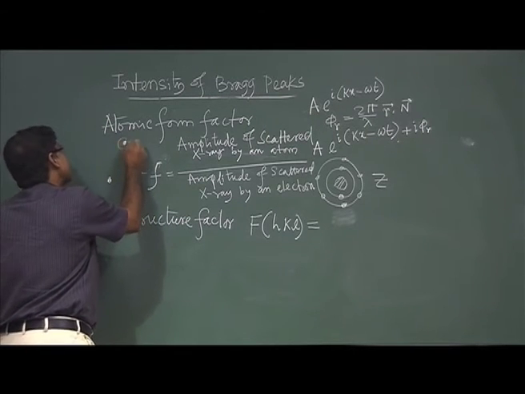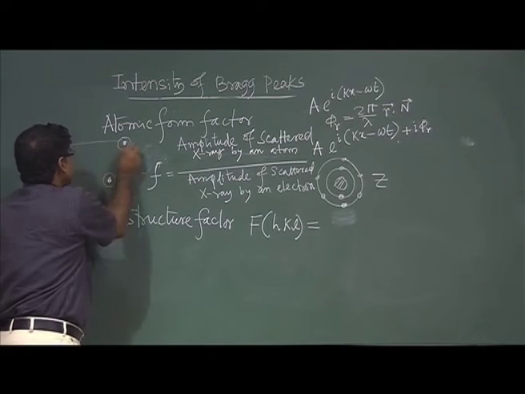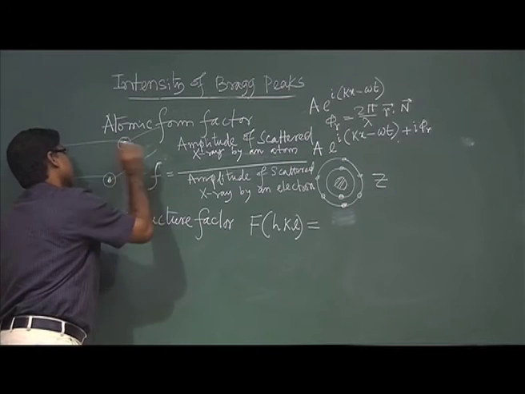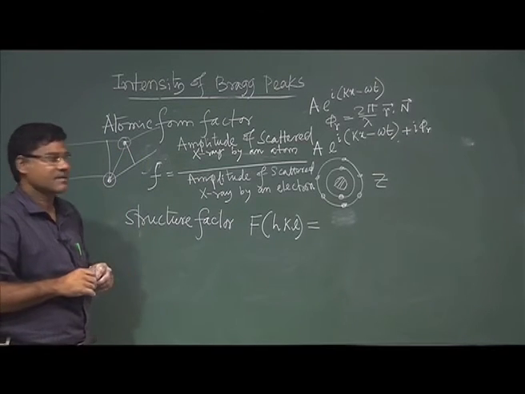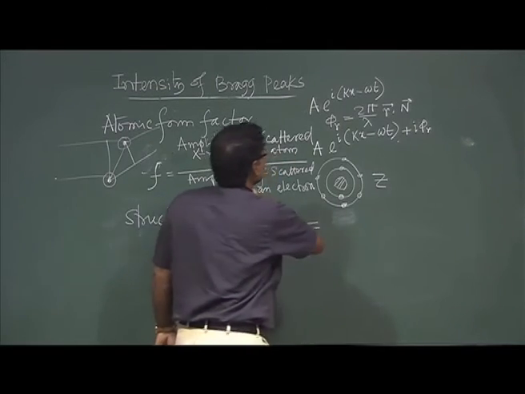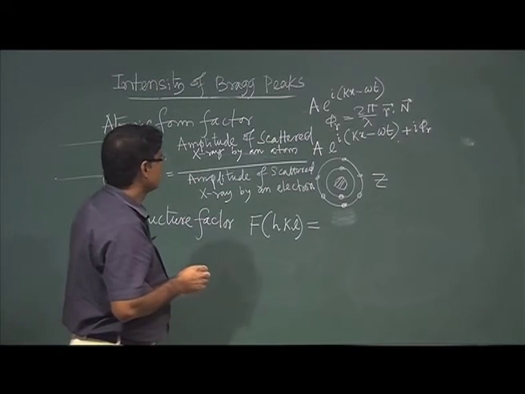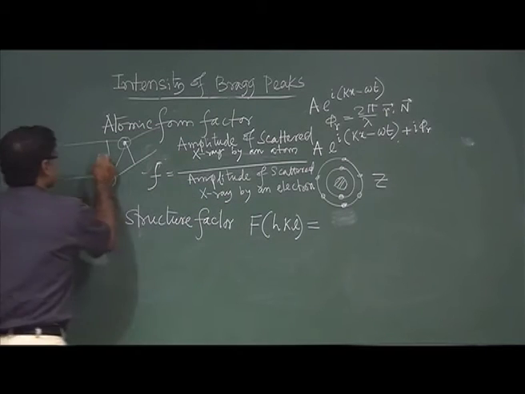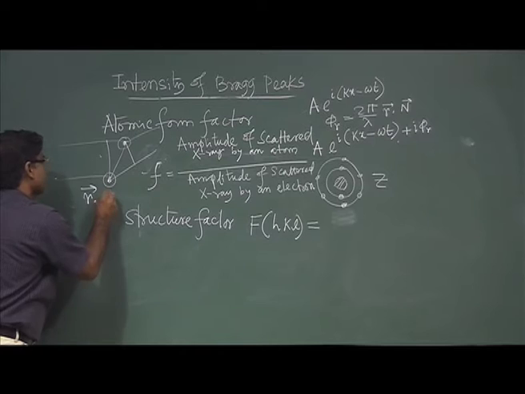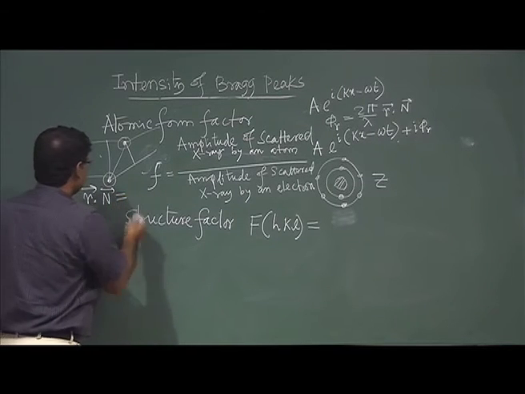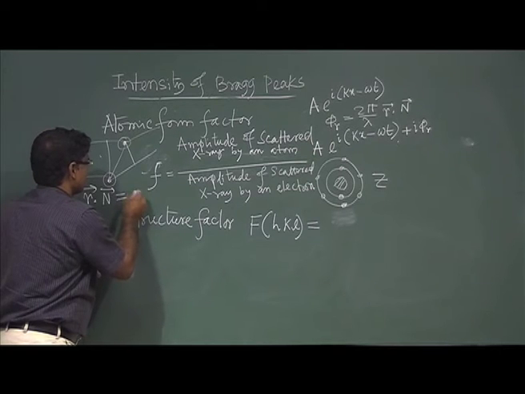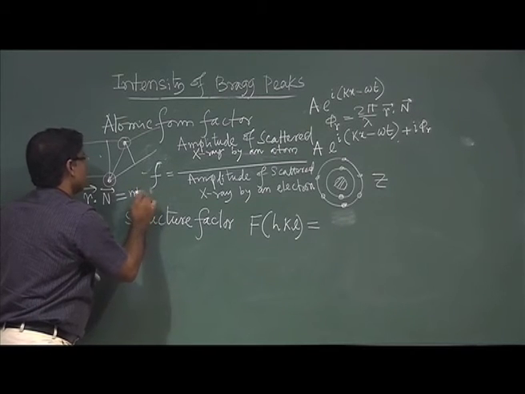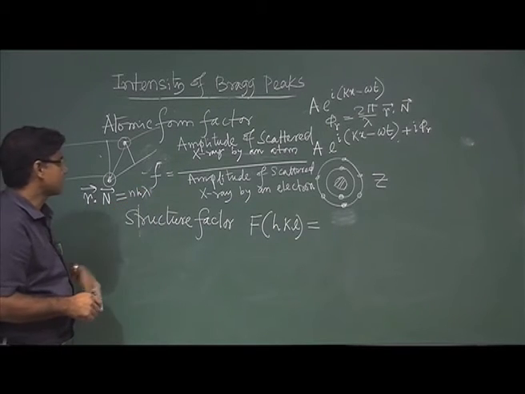Here also it is the same. This is the scattering center, the atom, X-rays are falling on the atom and diffracted. The path difference, that we got earlier, is R dot n, and one can write it as n_H lambda, or just H dash lambda, whatever.